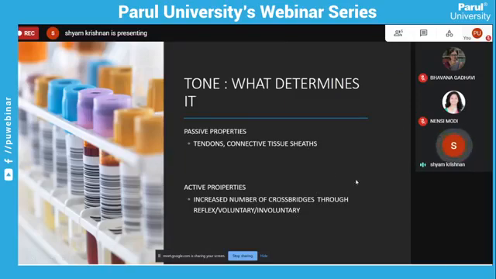What we need to understand is that we are going to see a combined effect of increasing the passive resistance as well as the active resistance that can be offered by the muscle. Now, in the case of an abnormal tone, it is mostly involuntary or reflexive. Voluntarily you are not going to produce spasticity; it has to be either reflexive or involuntary.